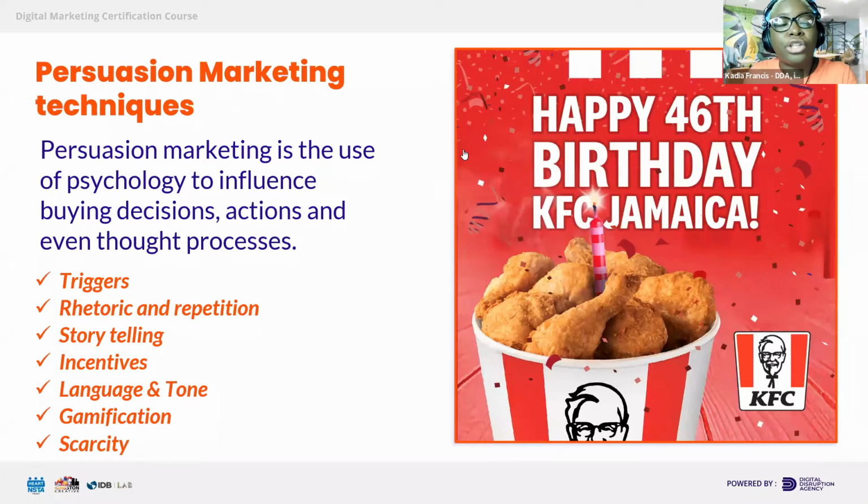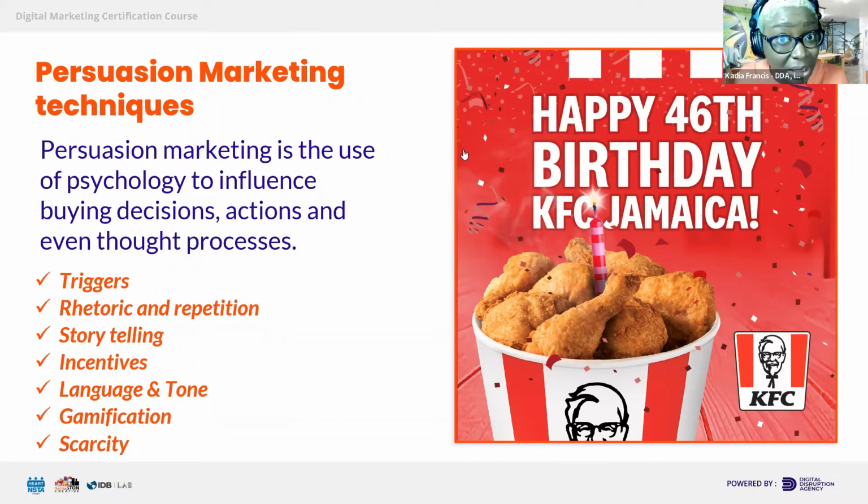Another way triggers are used culturally, KFC has ingrained itself in Jamaican culture, which is why if KFC reached $5,000 for your 5-piece wings, the lines are still going to be long and it's still going to cause traffic. Because it has become almost like a Jamaican institution, because it's symbolic, and symbolism is another persuasion marketing tactic.